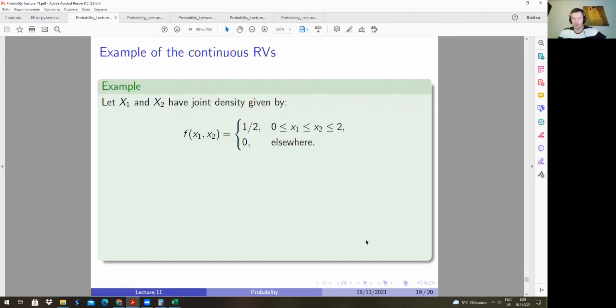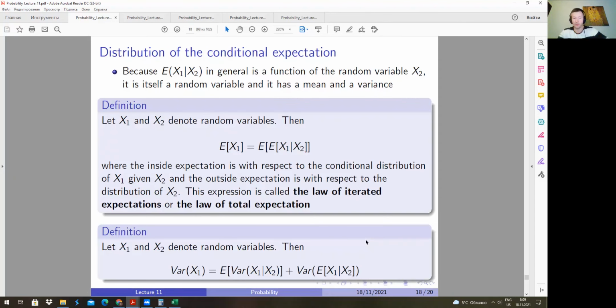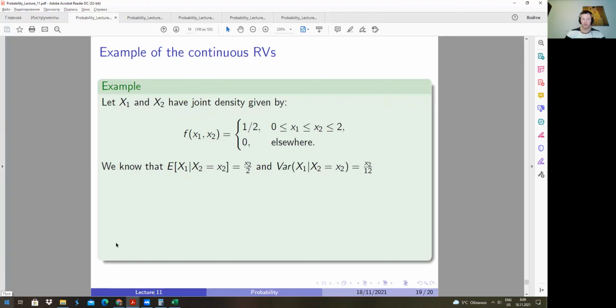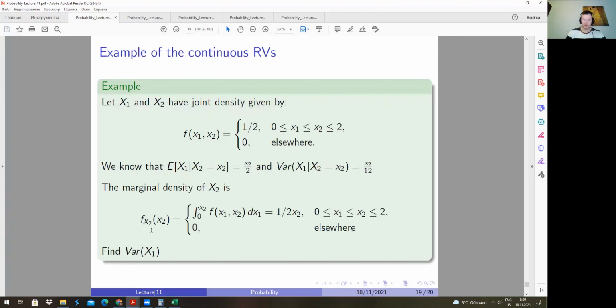So now let's conclude with the example of this and how this exactly works. We have this joint density. We know that the expected value of x1 given x2 is this, and we know that the variance of x1 given x2 is, so now it must be x squared over 12. We know the marginal density of x2, which is given here.